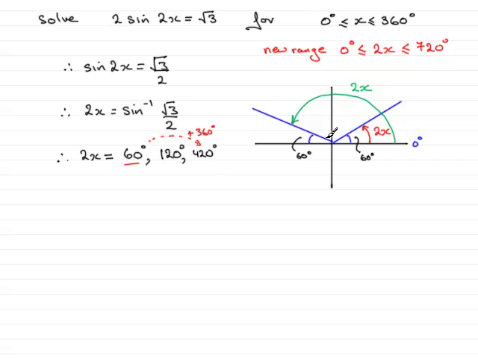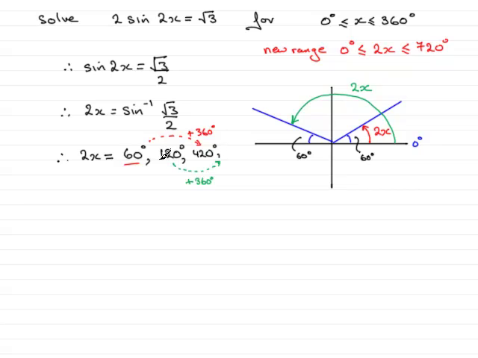Similarly, we can go to this blue line, the green 2x, which was 120 degrees, and we can go round another 360 degrees to get back to there. If we add 360 degrees to that angle of 120 degrees, that will give us another solution.